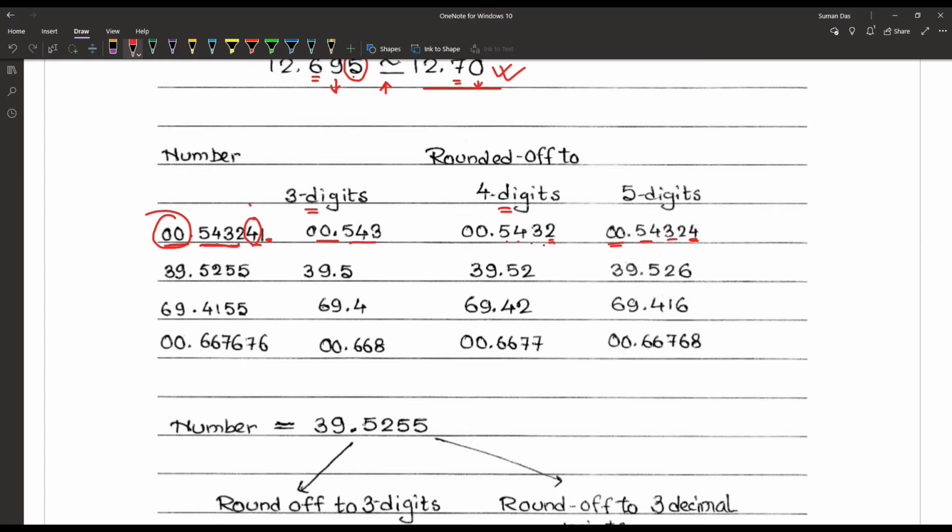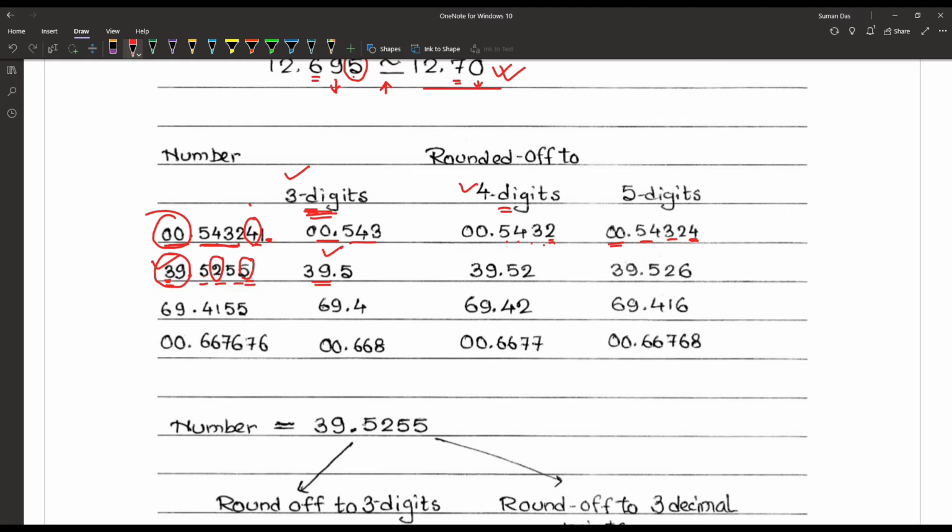Next number, 39.5255. Now look at the fourth digit here, that is 5. But before the decimal point there is 39. So when we proceed with 3 digits, that means we start from 3. So 39.5. After that the fourth digit is coming, and that is less than 5. So the approximate number is 39.5, because that is 3 digits, based on the significant digits.